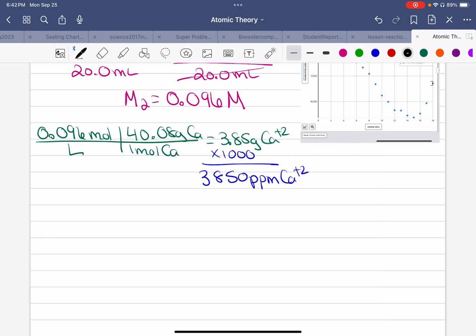And so to find out how much we have per parts per million, we're going to divide by 25. And so the true amount of calcium that I had in that sample was 154 ppm. And so when I look at that range that I have, this is hard water.